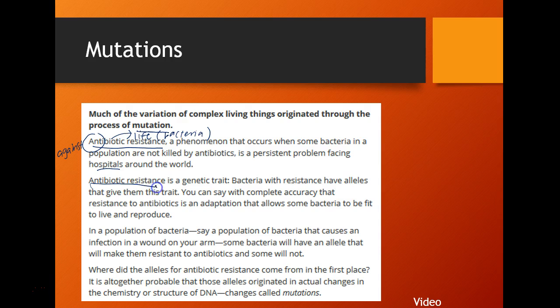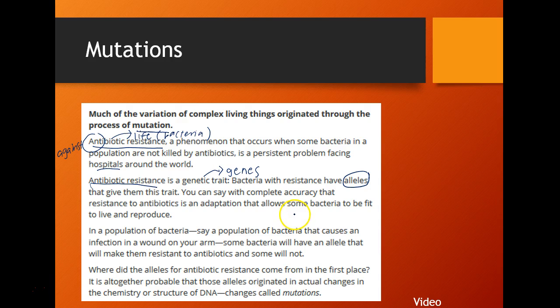Antibiotic resistance is a genetic trait, which means that it's found in their genes. There are genes that help them survive against certain antibiotic formulas. Bacteria with resistance have alleles, or the versions of a trait, that give them this ability.